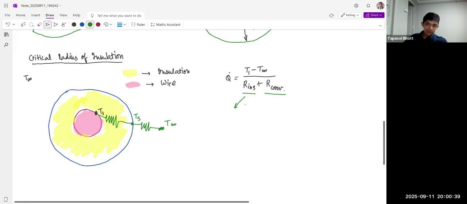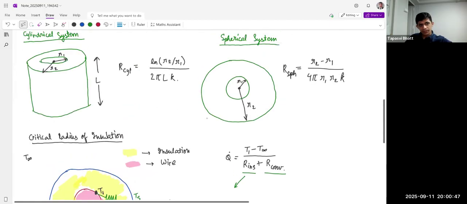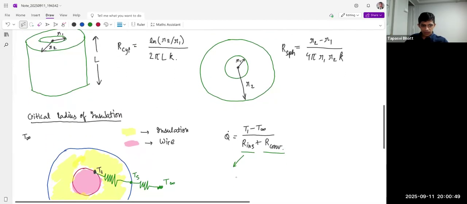What is R of insulation? This is conduction in a cylinder, you guys know the formula. It's ln of R2 over R1 over 2 pi L K, and K here is K of the insulation, this yellow thing.